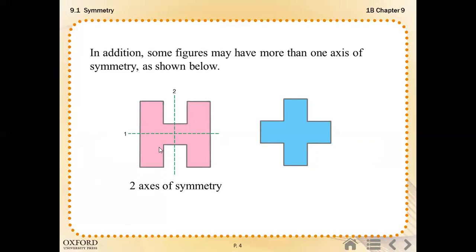You can cut it left, right, equal. And for the blue cross on the right-hand side, you can cut it up, down, along the diagonal, or left, right, or along another diagonal. So there are four axes of symmetry.